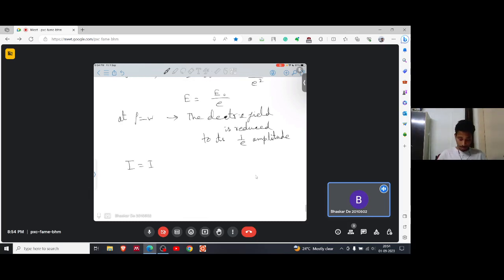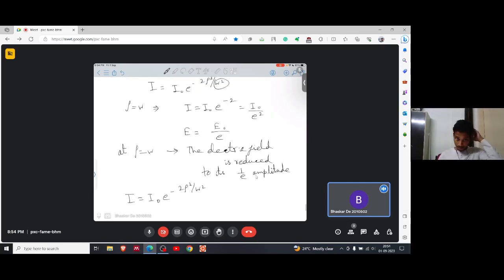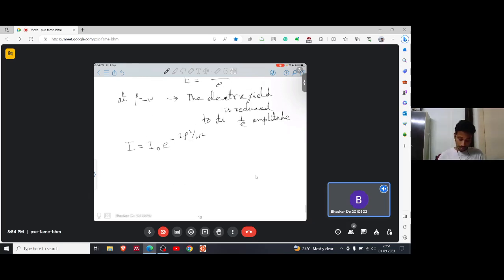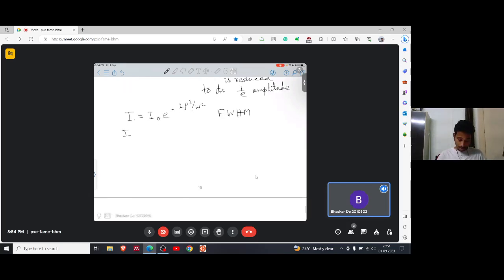Also from here you can find out the e to the power minus 2 square. So this is one kind of beam diameter, that is the 1 by e or 1 by e square diameter. You can also find out the FWHM. So by FWHM we will write I equal to I naught by 2.